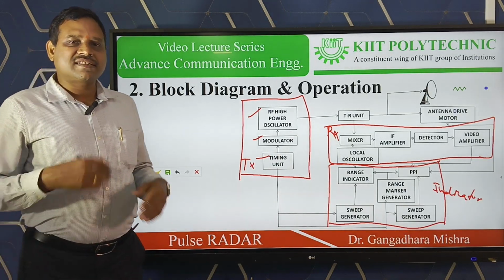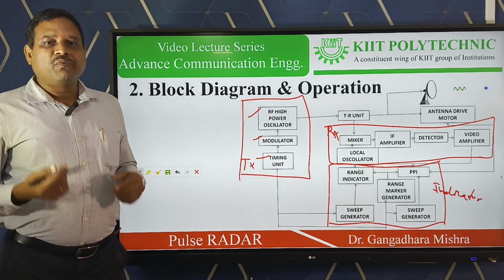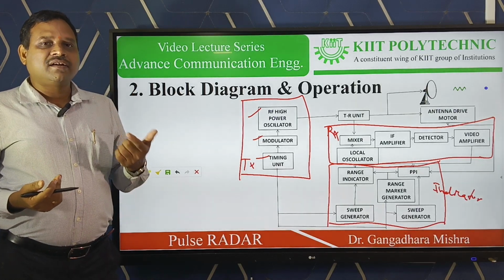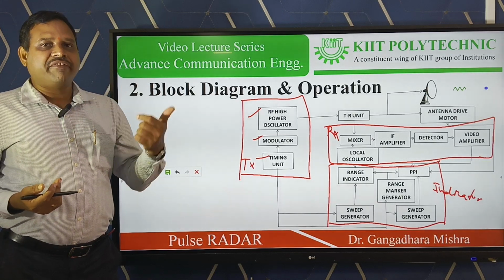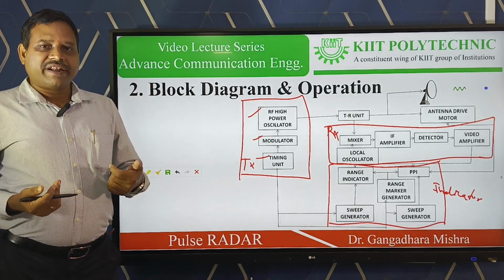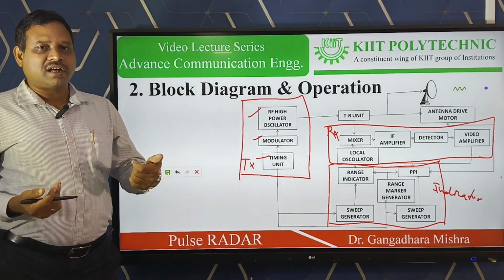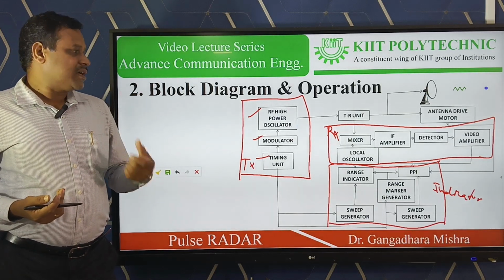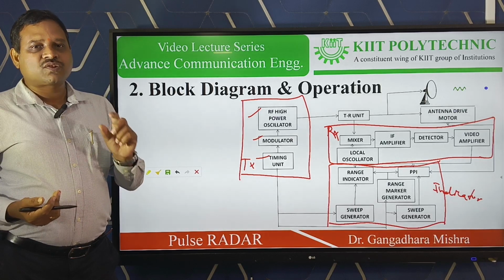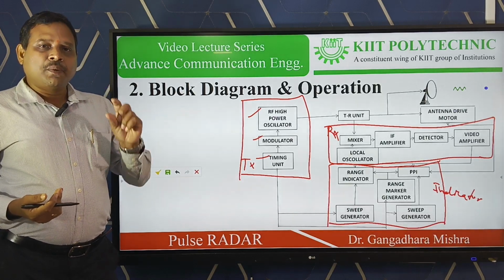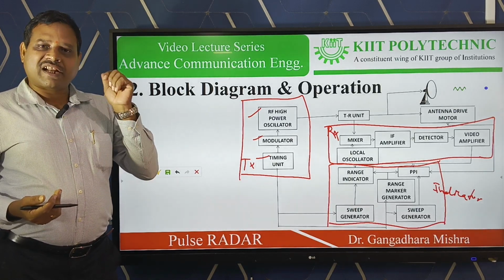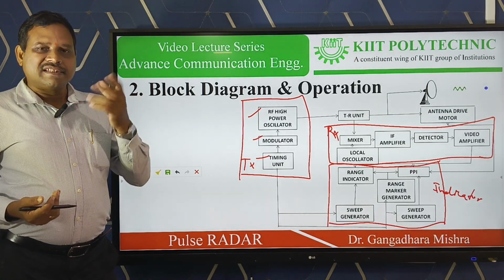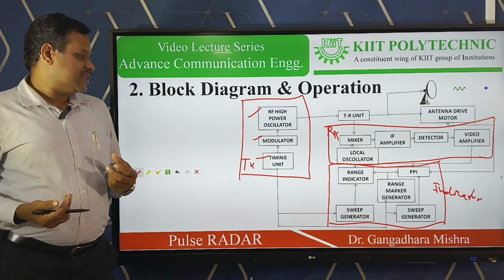As we are discussing a pulse radar, we need a basic pulse to be transmitted, and that pulse will travel as an electromagnetic signal towards the far end object. It will be reflected back. So our prime objective is to generate that pulse and process it so that it can be transmitted for a long distance. Thereafter we can receive the echo and process it.